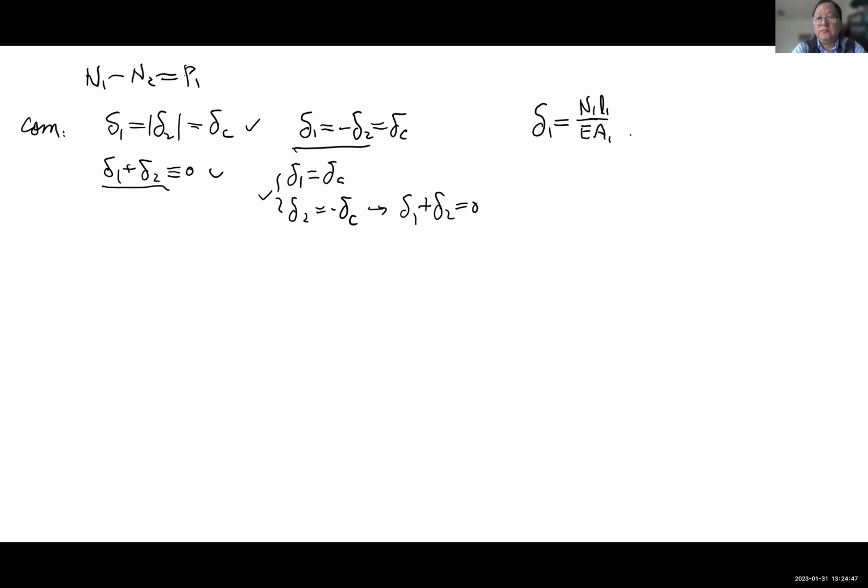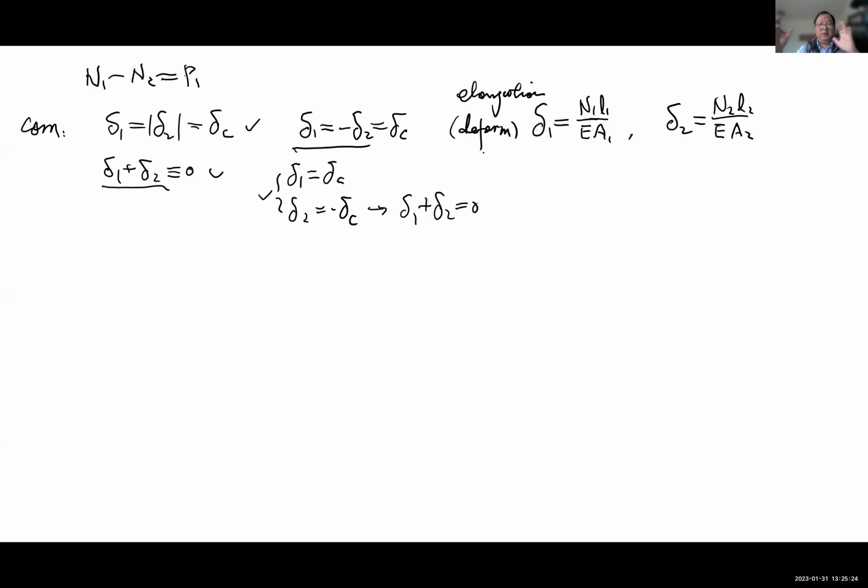Now delta 2 equals N2 L2 over E A2, assuming the same material. This is the equation about elongation, what we call the elongation equation. It's basically about the deformation.